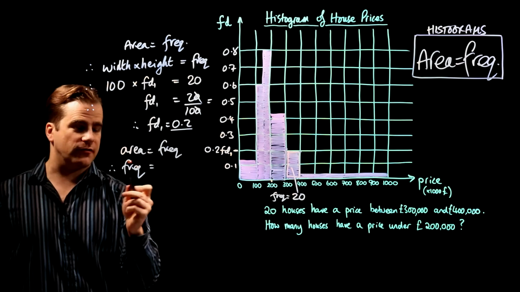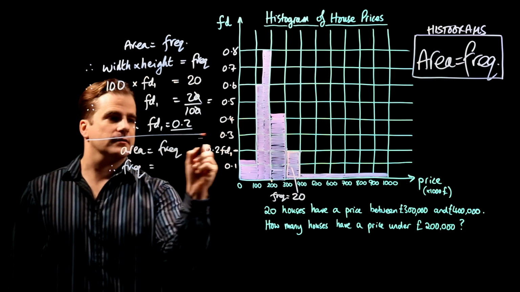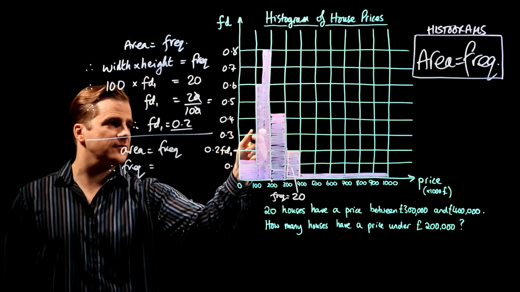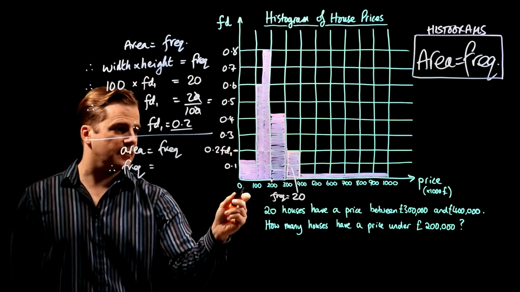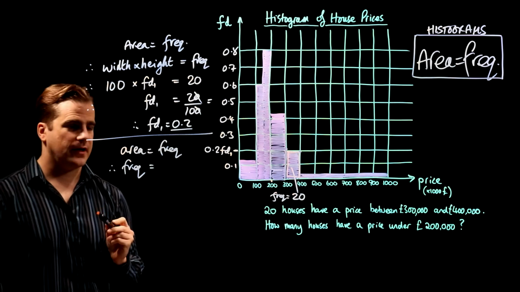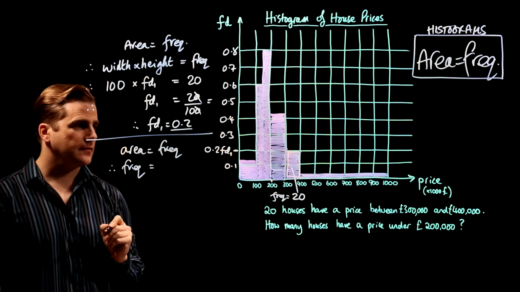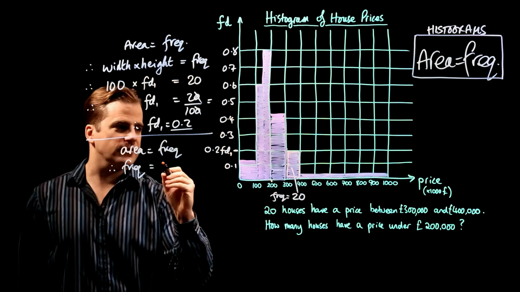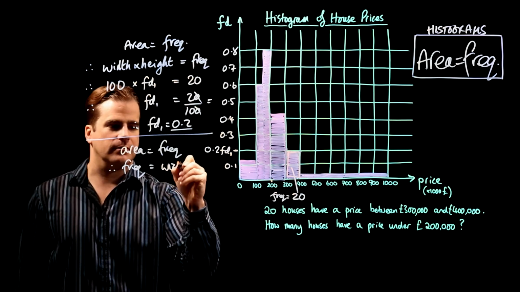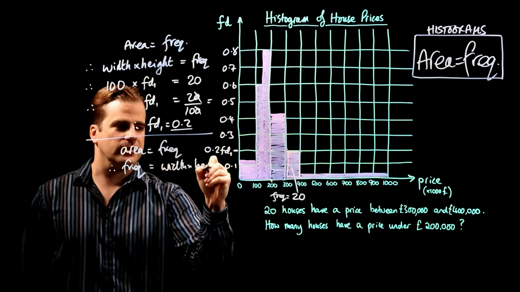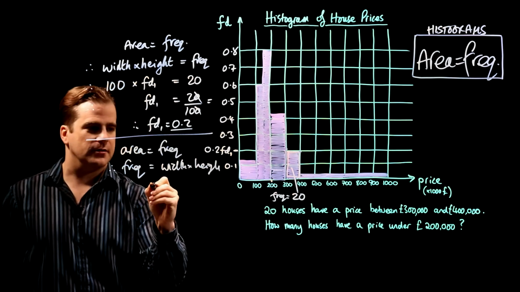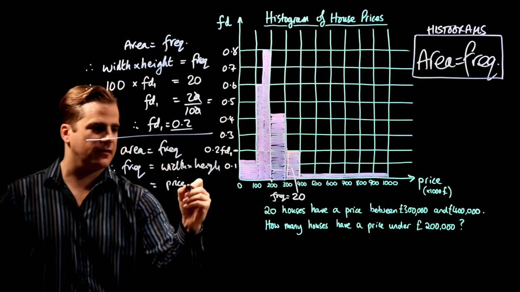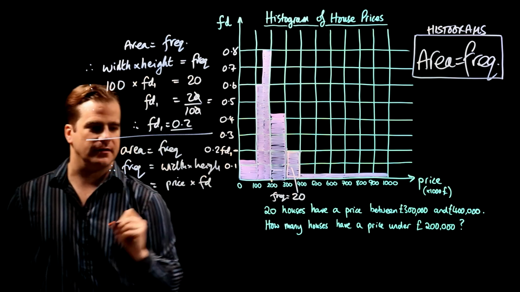So to get the total frequency, it's just the width times height of this box plus the width times height of this box plus the width times height of this box. So frequency is width times height again, which is price width times frequency density.